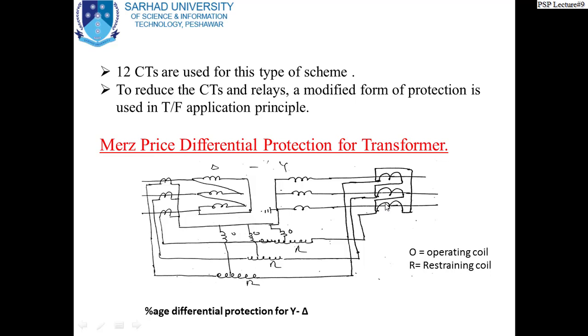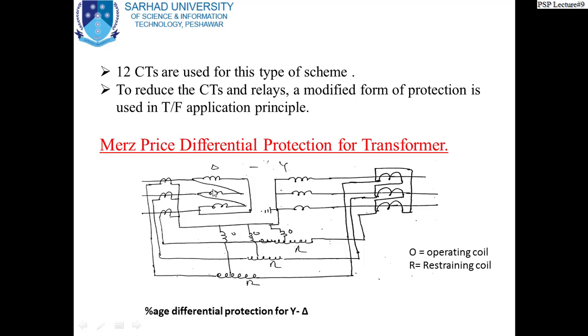Gentlemen, if we have a YY transformer, or let's say a delta-delta transformer, it doesn't matter whether you connect in star or delta; on both sides you can perform a similar type of connection. But this is used when we have two windings with different types of connection.